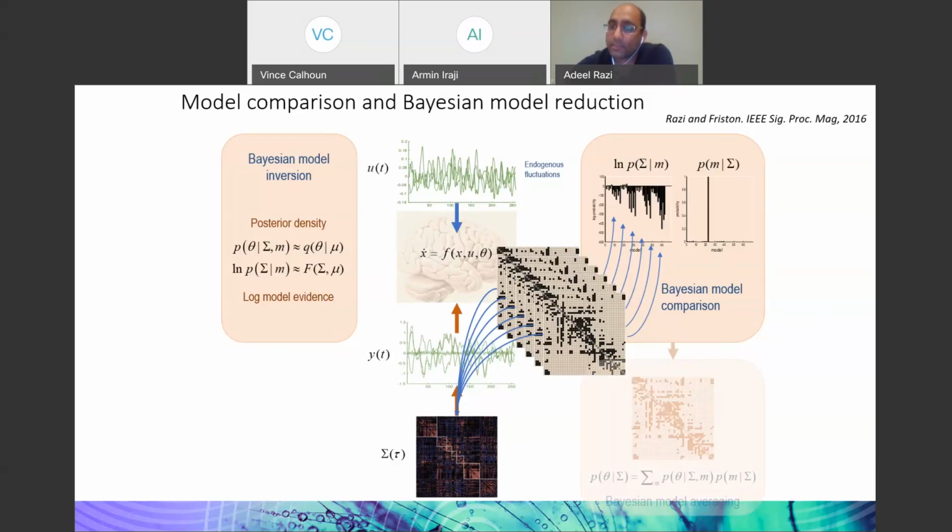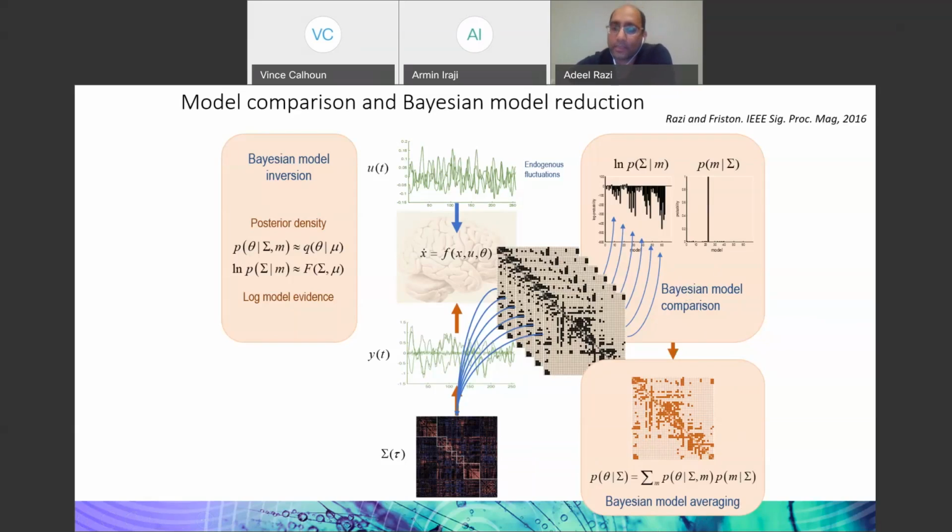Usually what happens is that this was the case where one model had a very high model evidence. Usually this is not the case. A lot of models which are similar have a very similar model evidence, and in that case, what we usually do is use an Occam's window and calculate a Bayesian model averaging within that window. And this is what we are showing here. So Bayesian model comparison, and then we use a family of models to calculate an average model.